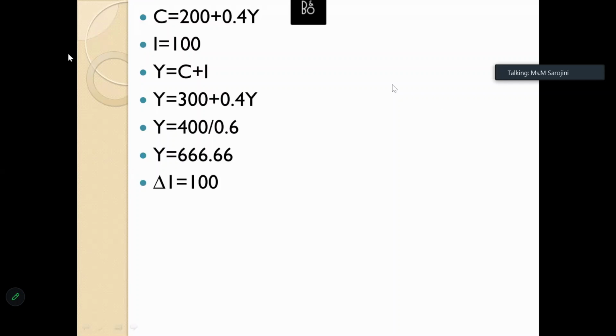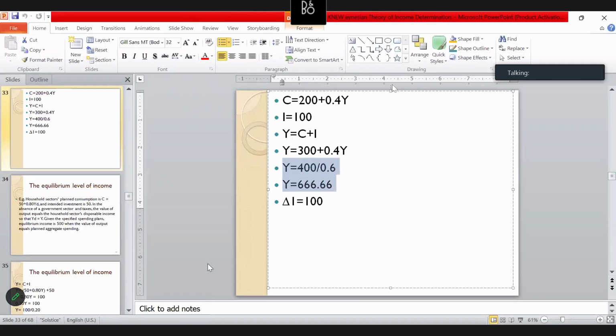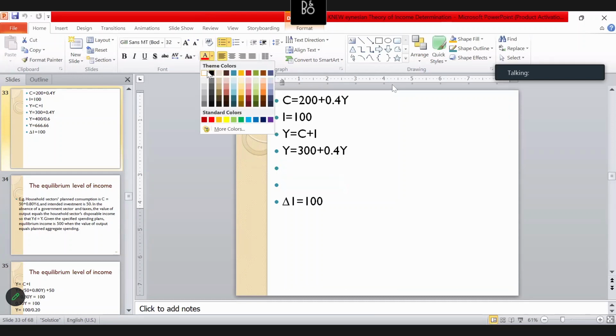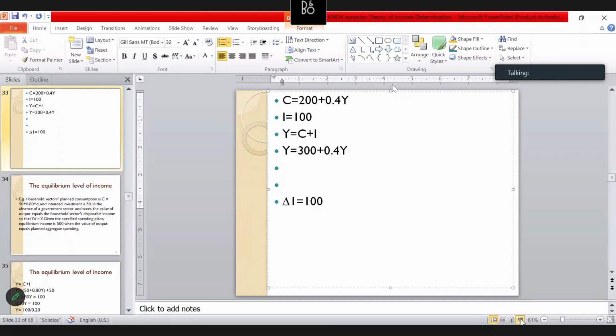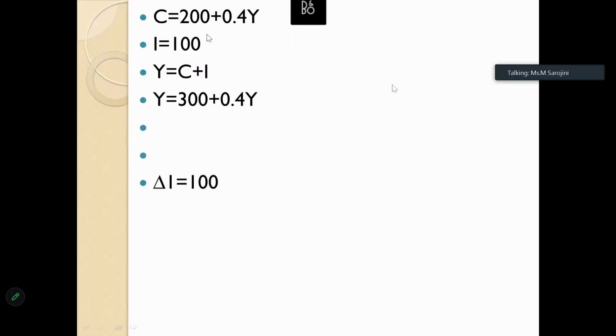Right, here is the example. Now, this is the information given to you.